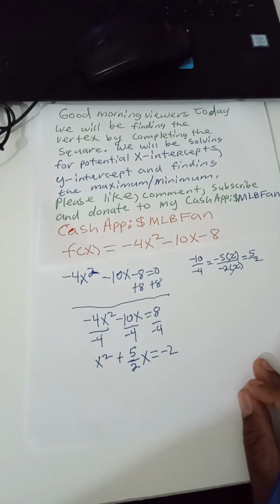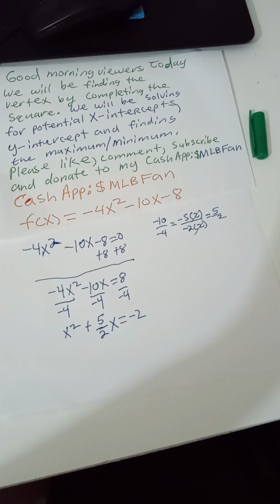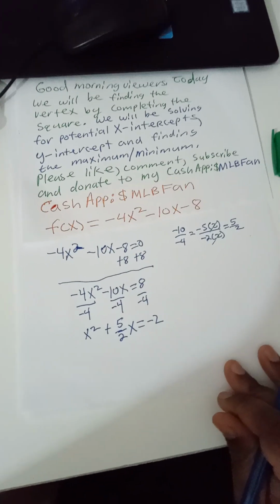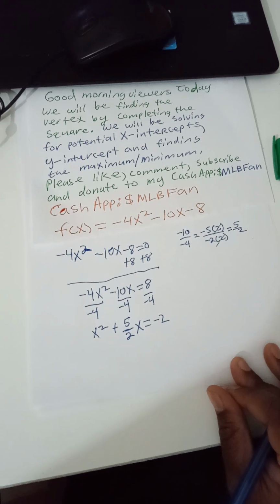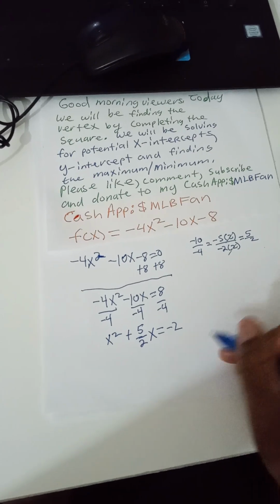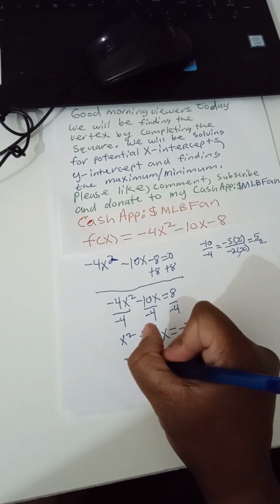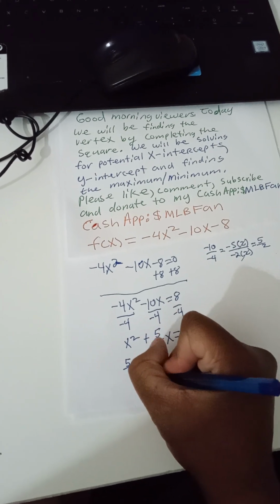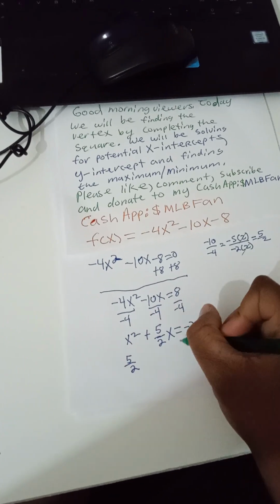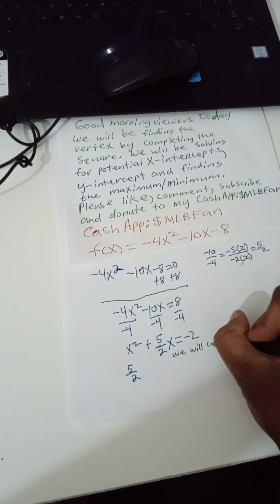So now we must start completing the square. So we divide the middle term by 2, which is 5 halves. So 5 halves divided by 2. So this is at the part where we will complete the square.